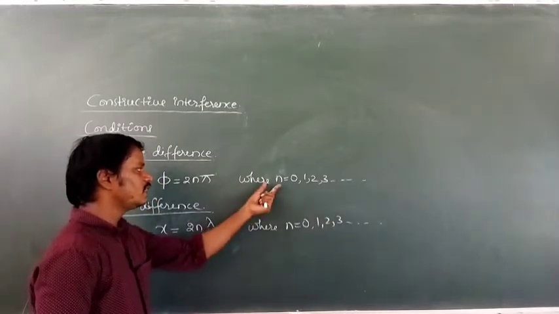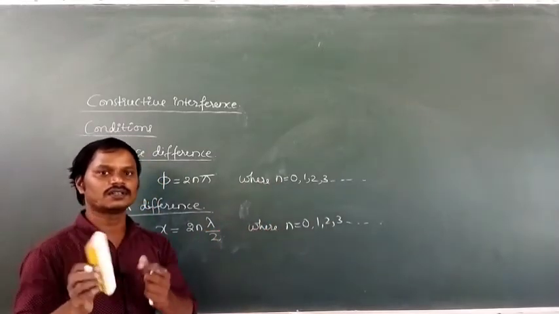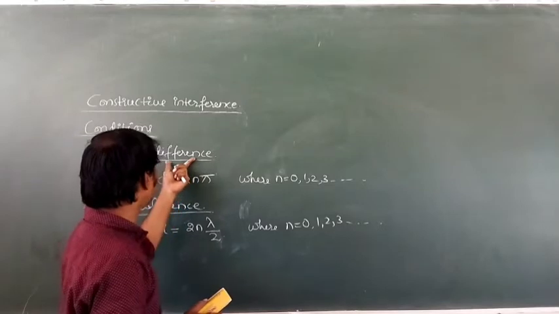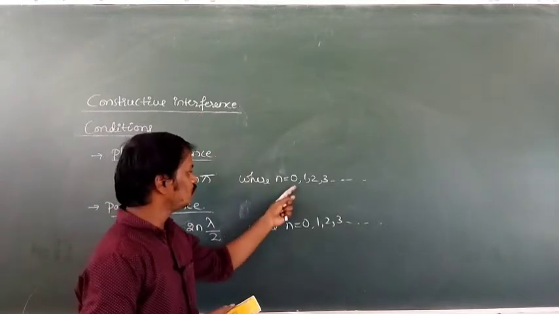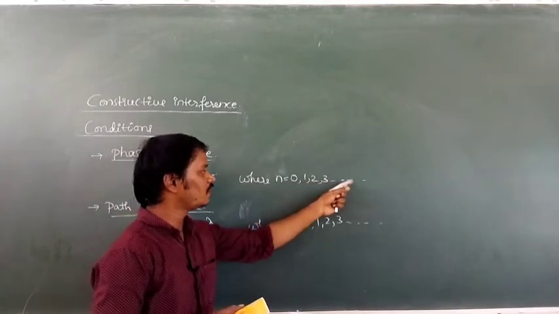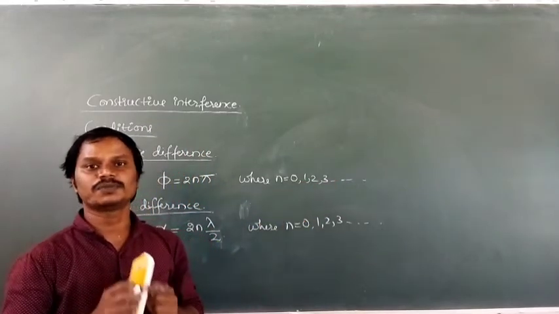Here n is the order of the bright fringe or dark fringe. In case of constructive interference, a bright fringe will be formed, so 0, 1, 2, 3 and so on are the orders of bright fringes.